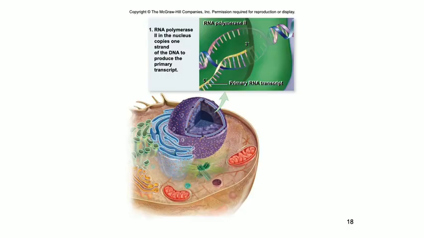So in review, RNA polymerase creates the mRNA primary transcript, which is a complementary copy of the gene. The gene is on the chromosomes.